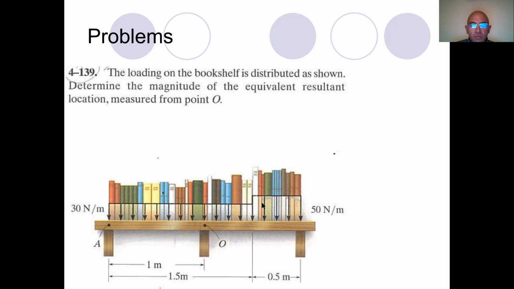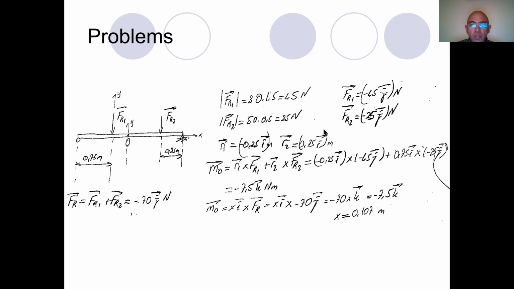Now we have this 50 newtons per meter distributed load. It acts along a distance of 0.5 meters. Then we multiply 50 by 0.5 and it gives us 25 newtons. In fact, the magnitude of FR1 is 45 newtons and the magnitude of FR2 is 25 newtons.